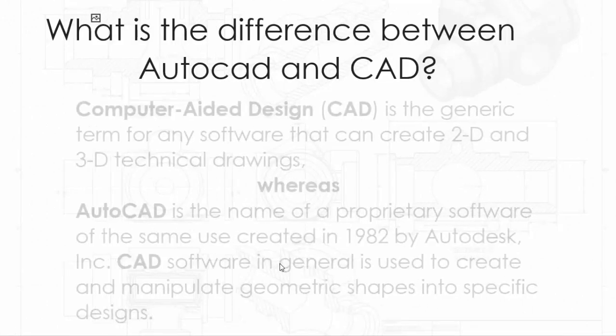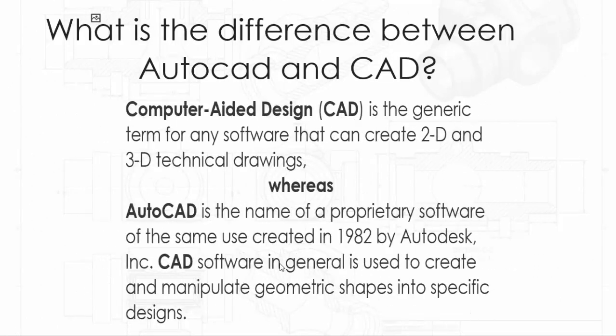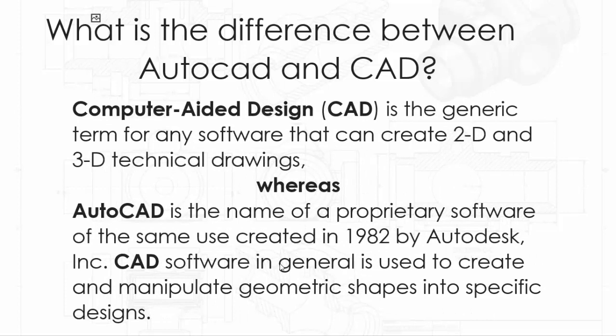Okay, what is the difference between AutoCAD and CAD? CAD, computer-aided design, is a generic term for any software that can create 2D and 3D technical drawings. So any software which can create 2D, 3D drawings is referred to as CAD.